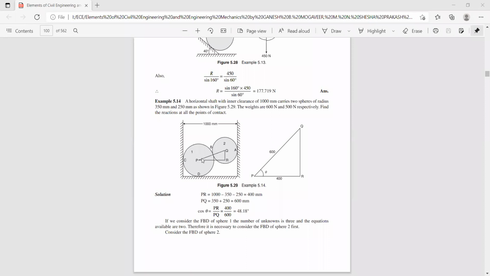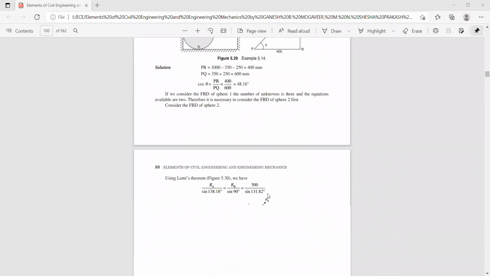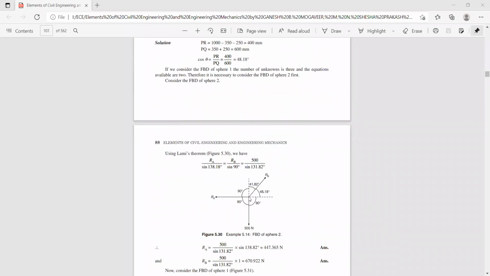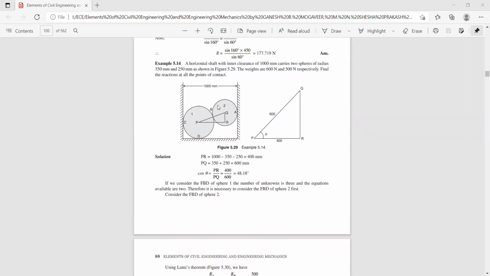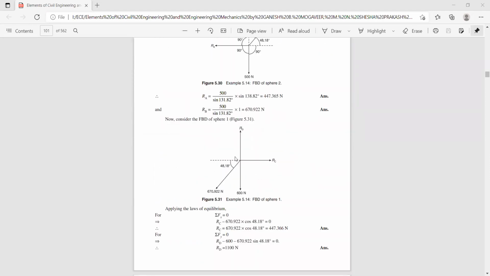Now let us look at the free body diagram of sphere P. How does it look actually? Now you can see here the weight of the sphere acting vertically downwards. Yes, someone has drawn the free body diagram with respect to Q. So now let us check the free body diagram with respect to P. Now this is the free body diagram of the sphere P. So the weight of the sphere acts vertically downwards.